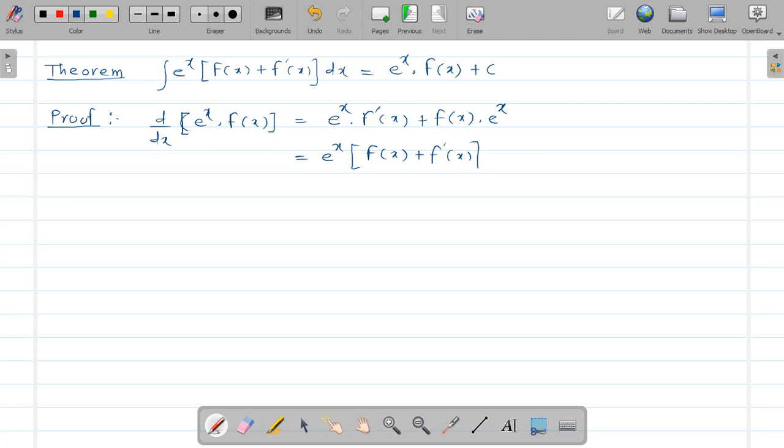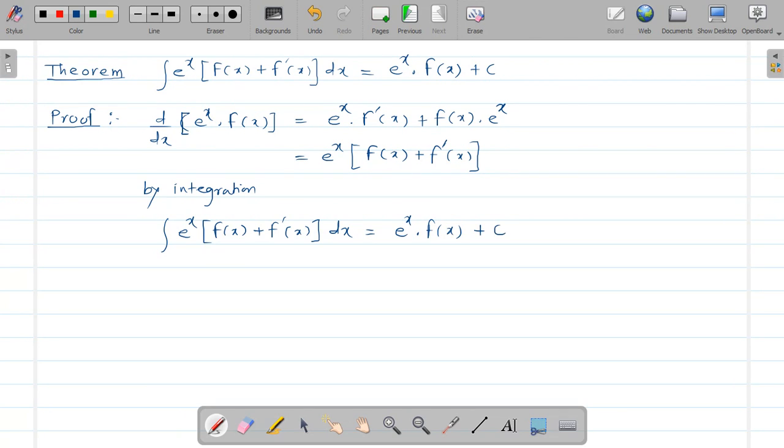Now if you apply the definition of integration here, and if you observe that the derivative of e raised to x into f of x is e raised to x into bracket f of x plus f dash x, now by the antiderivative concept, or you can say by integration, we get the integration of e raised to x into bracket f of x plus f dash x dx equal to e raised to x into f of x plus c.